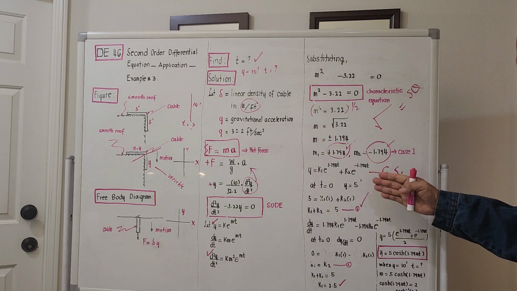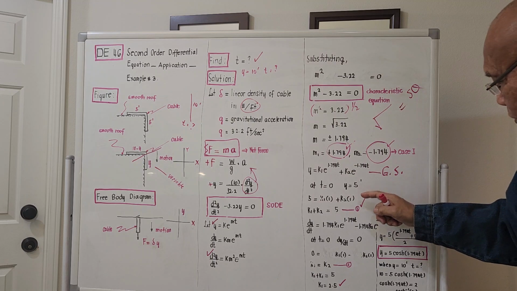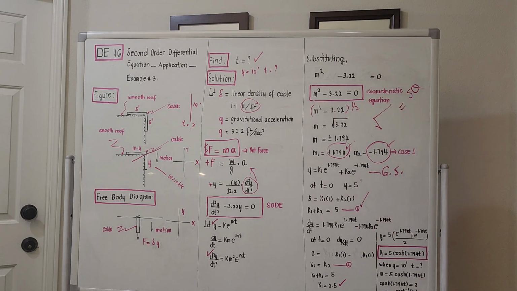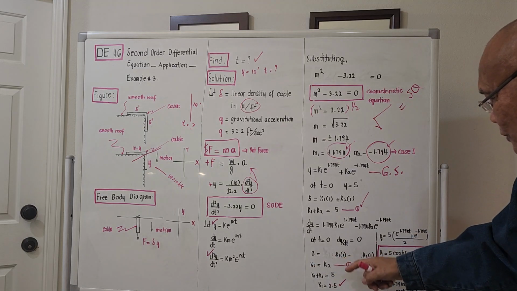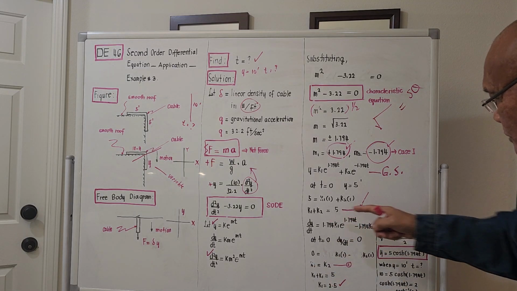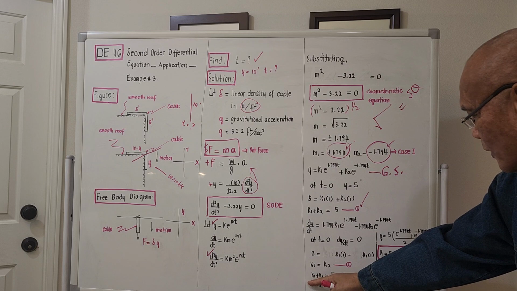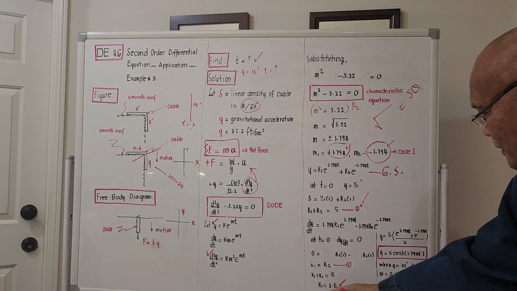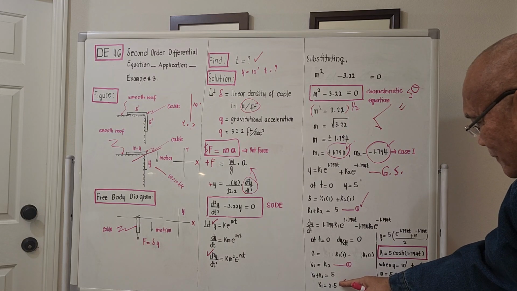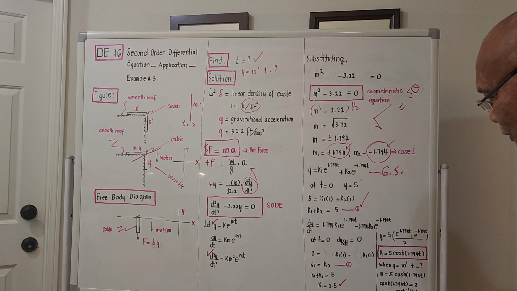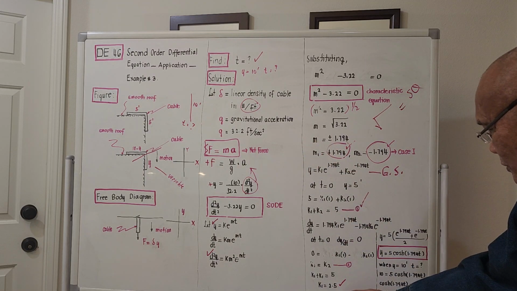And since we are given two simultaneous linear equations, we could compute for K1 and K2. So if we place K2 equal to K1 back into equation number 1, K1 plus K1 equal to 5, or 2K1 equals 5, so K1 is 5 over 2, and that is 2.5. And since they are equal, K2 should also be equal to 2.5.